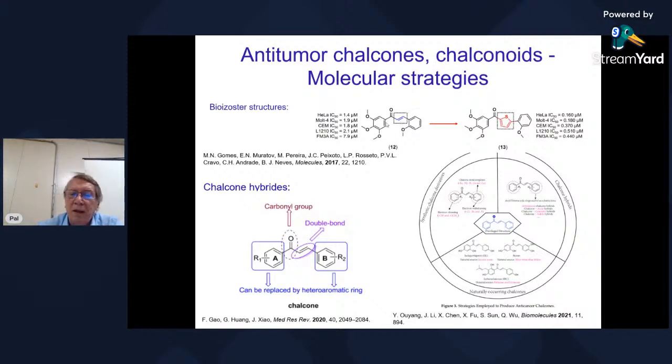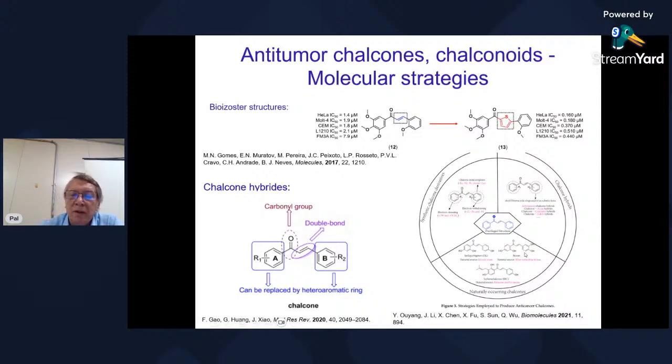If you look at the first picture showing the three different approaches, we can see that the first approach to develop anti-cancer chalcones is selection of natural chalcones with anti-cancer effects.